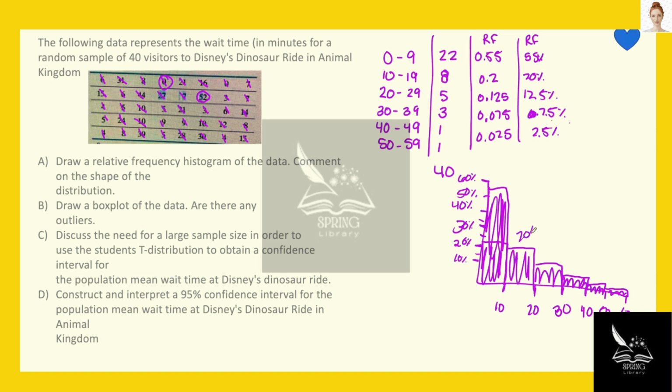So this is 20%, 55%, 12.5%, 7.5%, and then 2.5%. Oh, I missed this one, 0.025, 2.5%. And then that should be the same, 2.5%, okay?